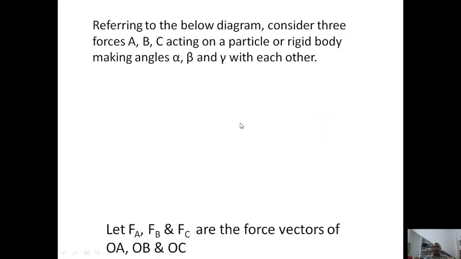See the figure which has three forces Fa, Fb and Fc, and alpha, beta, gamma are the three angles subtended. The arrangement will look like this.